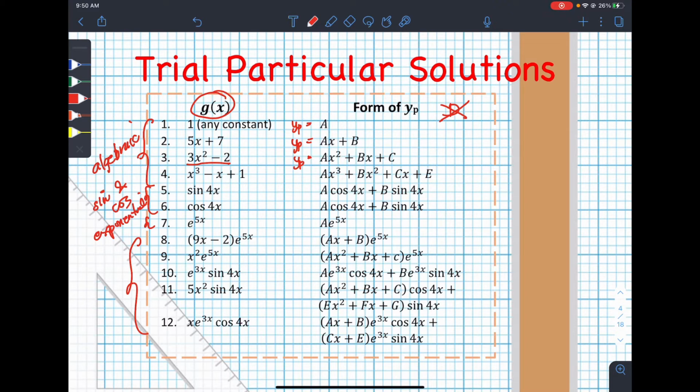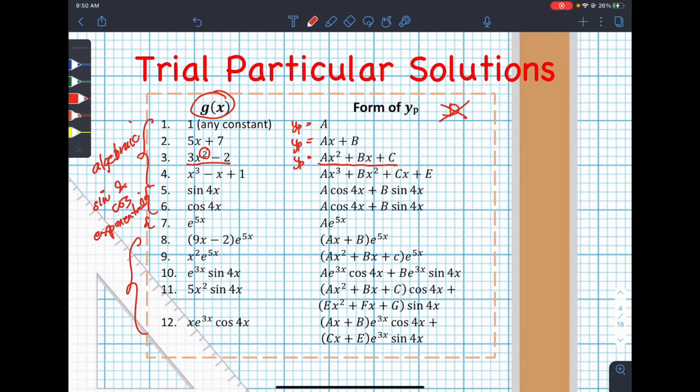But once you write your particular solution, all of the variables should be complete. So what we only look at here is the highest degree. In this case, the highest degree is 2, so our particular solution will start with x squared, followed by x, then followed by the constant.